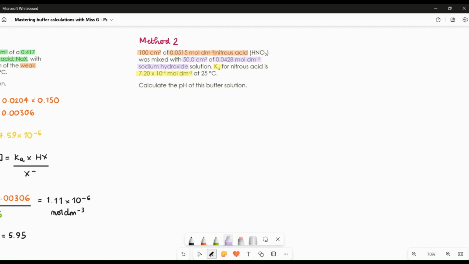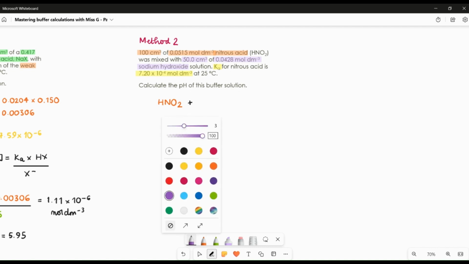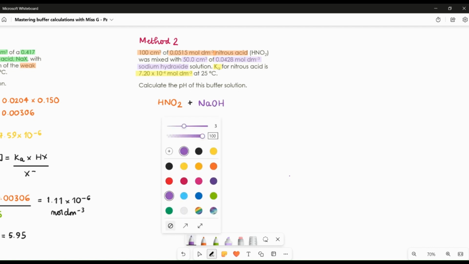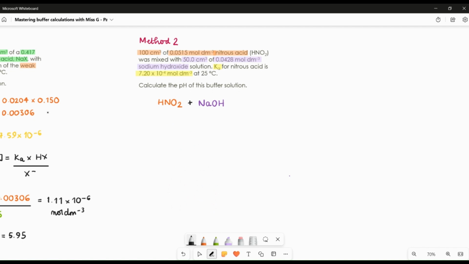and see how they're going to react together to make the salt. So, nitrous acid is HNO2. And we're going to react that with sodium hydroxide, which is NaOH. And then when we make a salt, it's the hydrogen from the acid that gets replaced by the sodium in this case, or the metal from the alkali.